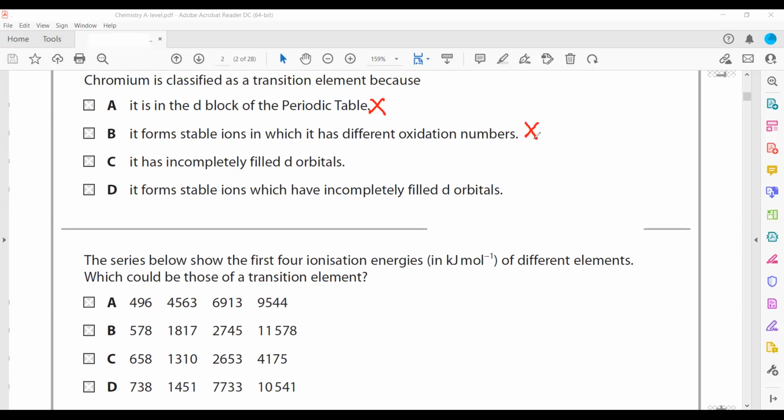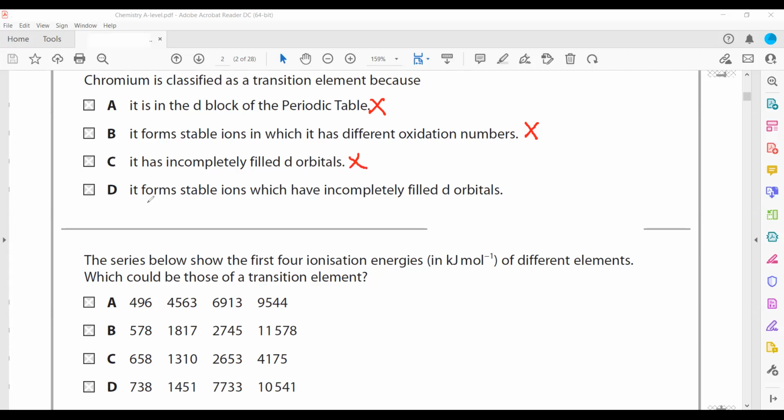It is true, but not explaining the whole concept of a transition element, that they should form a stable ion with an incomplete d orbital. For example, we have elements which can have different oxidation numbers and form stable ions, but they are not classified as transition. It has an incompletely filled d orbital, but that is true but not explaining the idea.